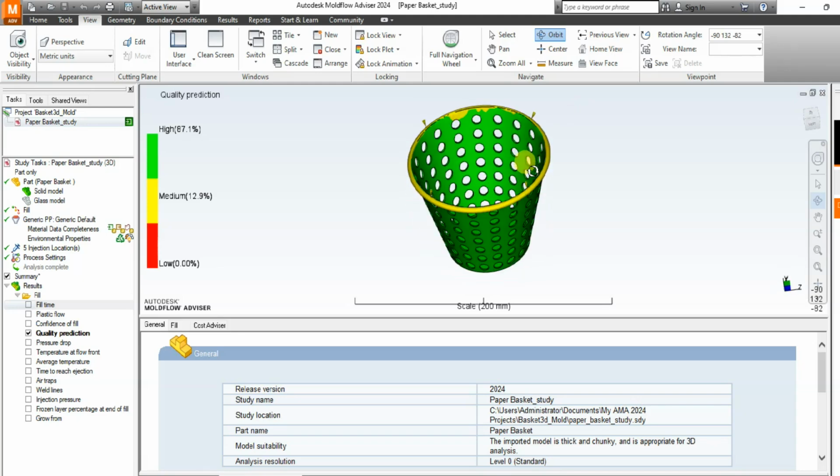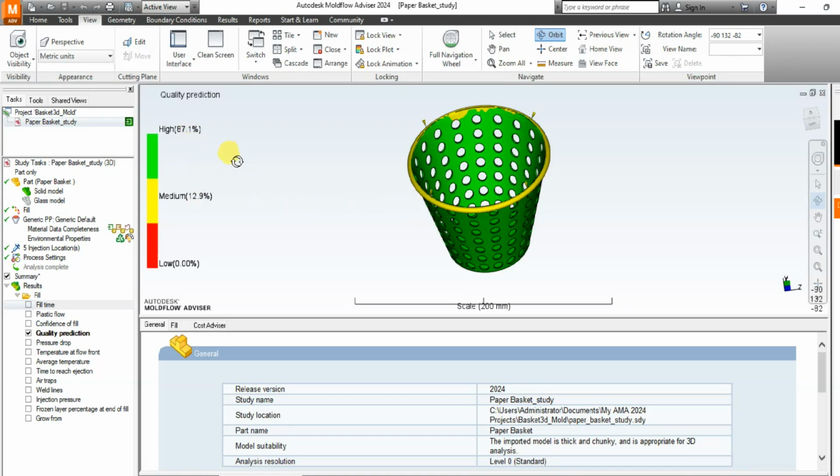The colors displayed in the quality prediction results indicate the following. Now you can see the greenness here, and the percentage shows that the product has high quality.